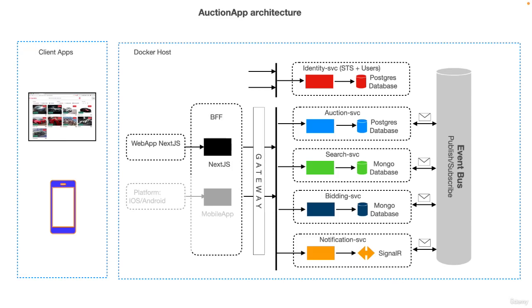Okay, welcome to section 4, and in this section we're going to take a look at asynchronous messaging inside our application. And if we take a look at our architecture diagram, then we're going to focus on the event bus now. Currently what we have is a coupling between our search service and our auction service because we added HTTP communication between our different services so that we could get our databases consistent with each other.